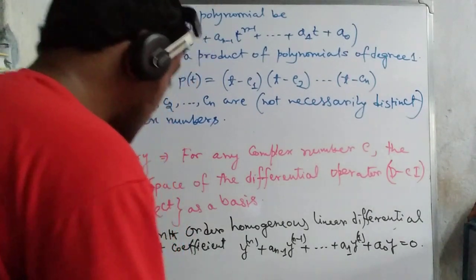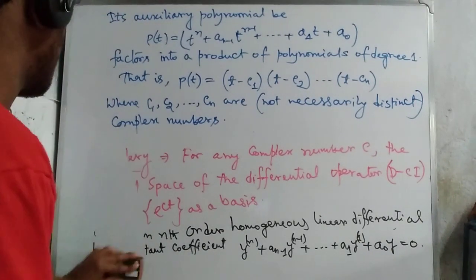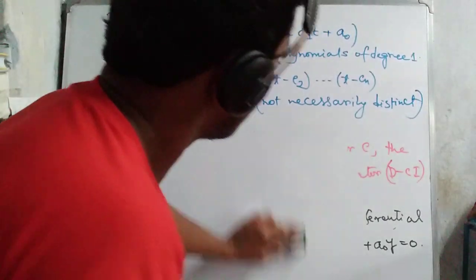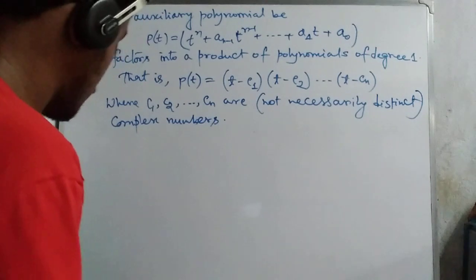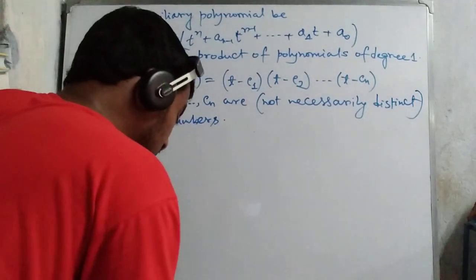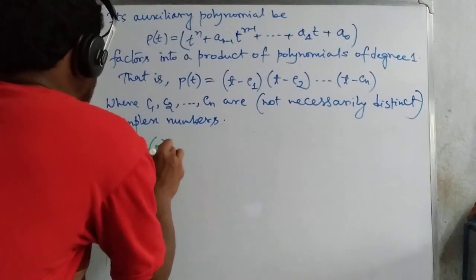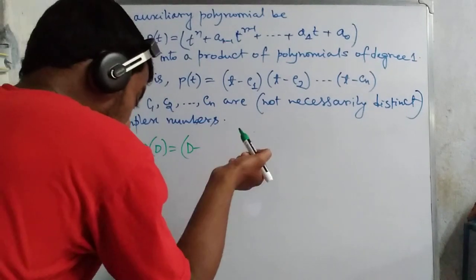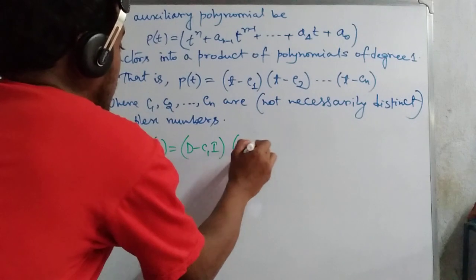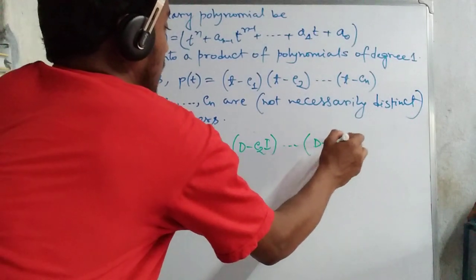Then we also see p(D). So it is the lower portion and the discussion of that. That means p(D) equals what? Here we write: thus p(D) equals (D minus c1 I), and (D minus c2 I), dot dot dot (D minus cn I).